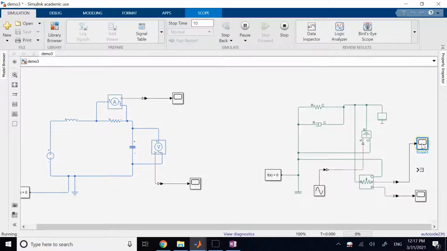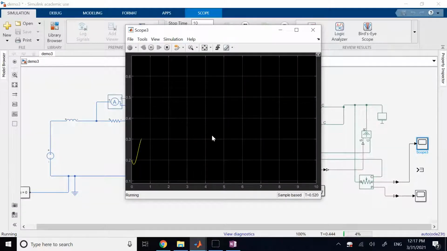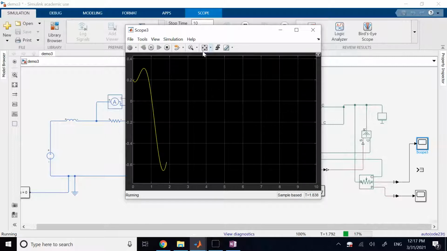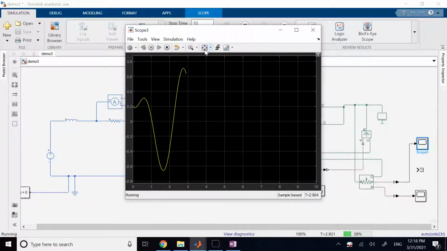So again, anytime you don't want something, make sure you connect it to a terminator. Do not leave any output of any block just completely up in the air, right? So now you can see this is the velocity versus time, and as it goes through and solves it, you can see the solution. You can always make sure it fits with the window size. So here we go, right?